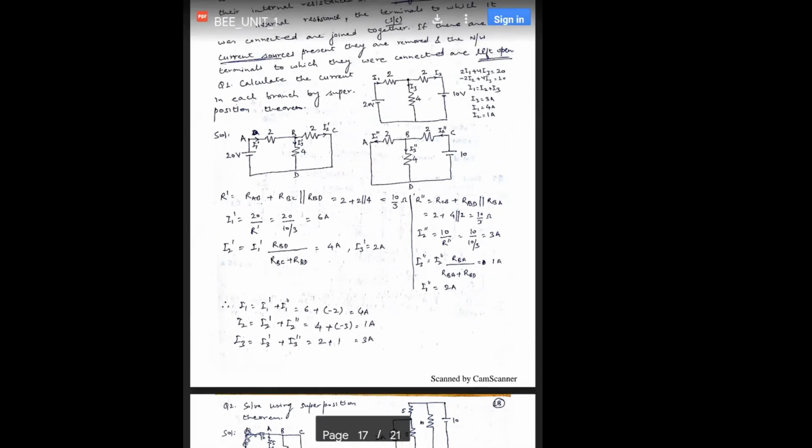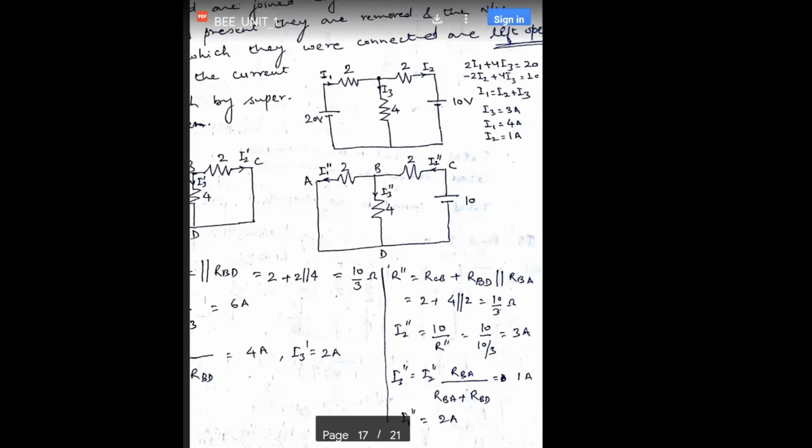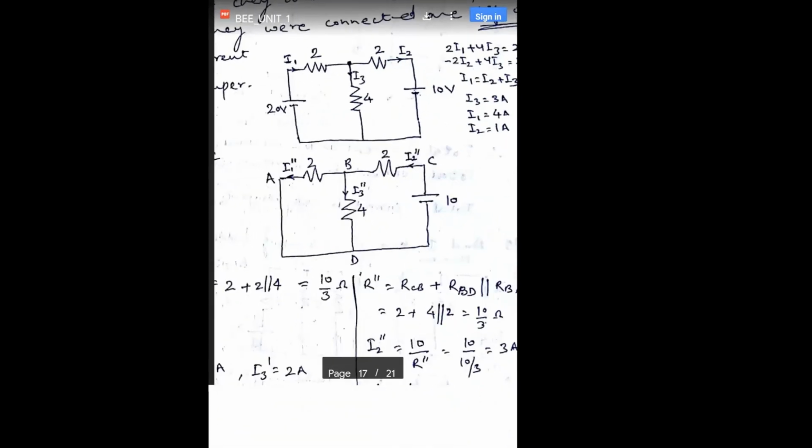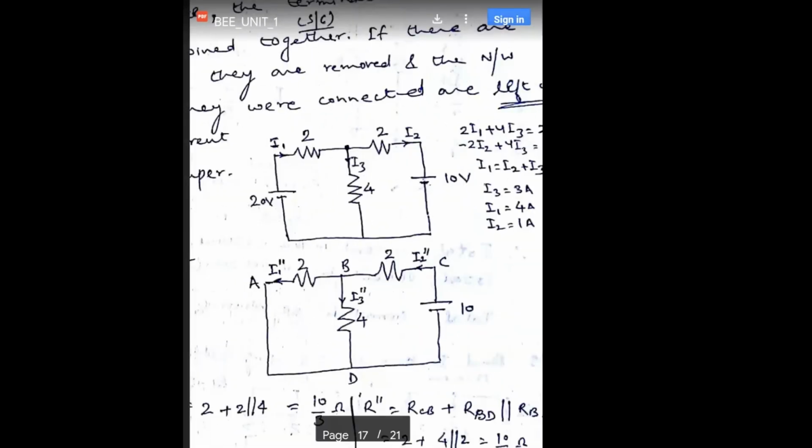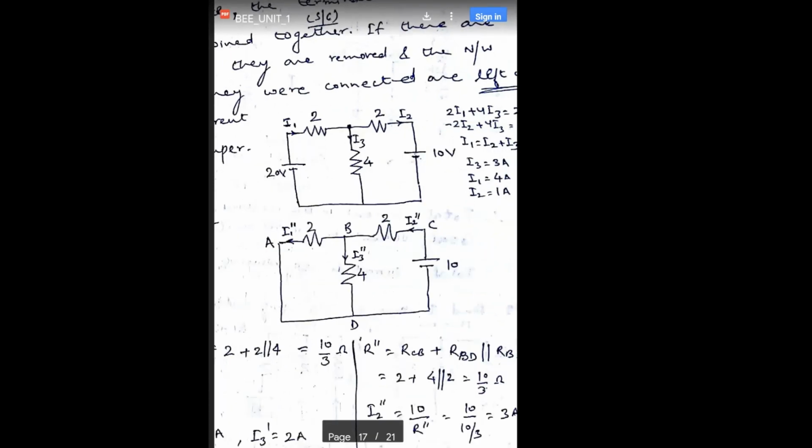Okay, so focus on the circuit. So this is the circuit where we have to apply the superposition theorem. So what we will do, and which sort of problems do we face, are we are required to answer.